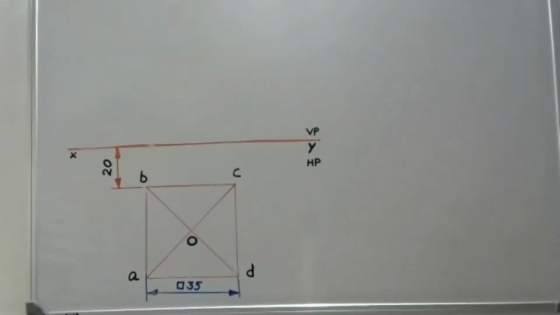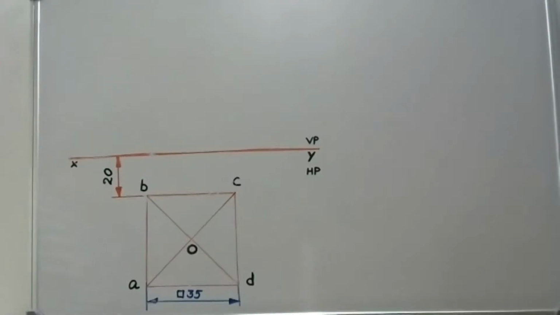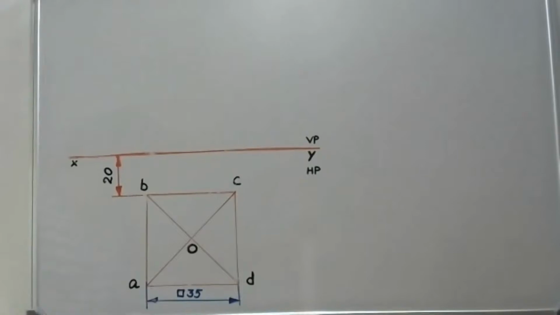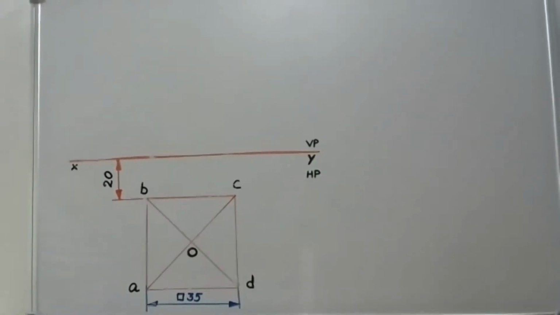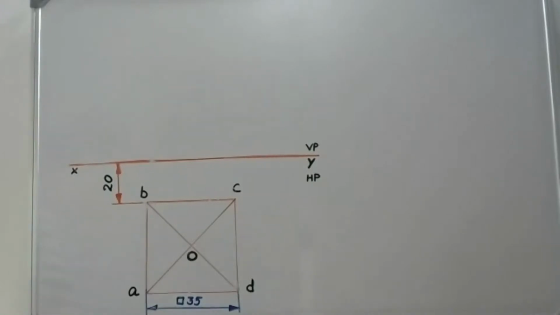Please look at the dimension format. Here I named AD, that is the base. Why am I writing a square indication there? What is the purpose of notating a square 35? The base is square, and that is known as shape indication. For square, circle, and radius, we have some notations, and that notation is known as shape indication.